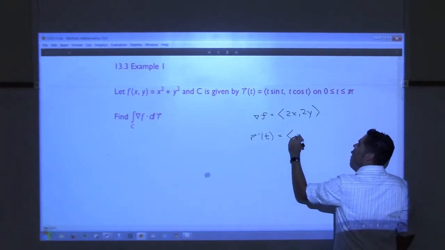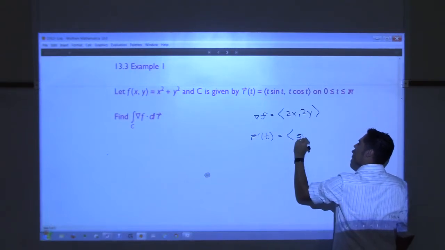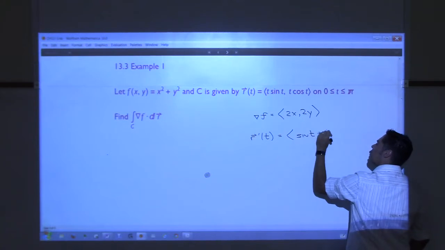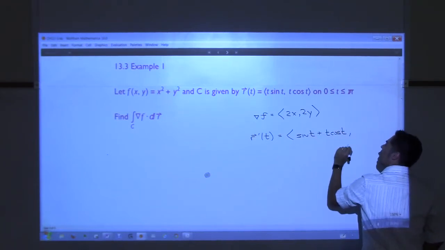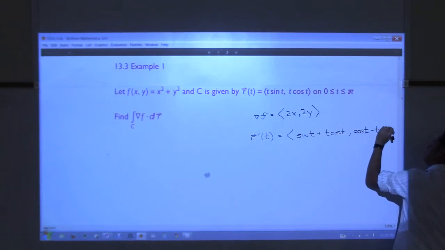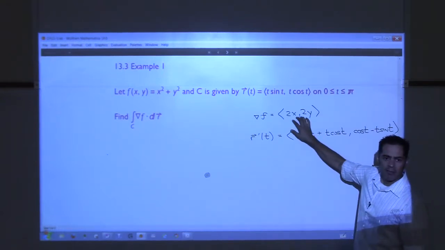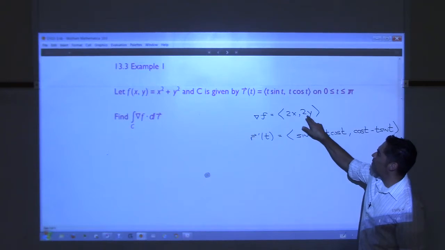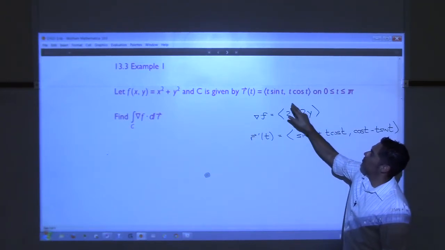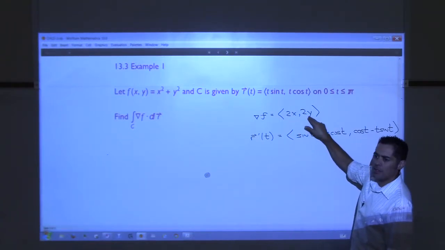Okay, so look, what is the derivative of this going to be? Yeah, so we have to do a product rule here, don't we? So that'll be sine t plus t cosine t, and then cosine t minus t sine t, and that's our derivative, right? I'm supposed to take that and dot it with this, but replacing the x and the y with what? I replace this x with t sine t and this y with t cosine t.